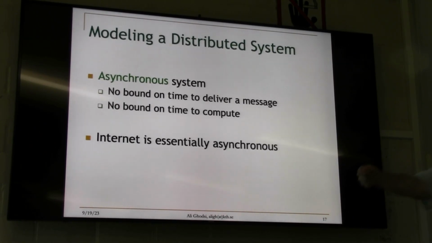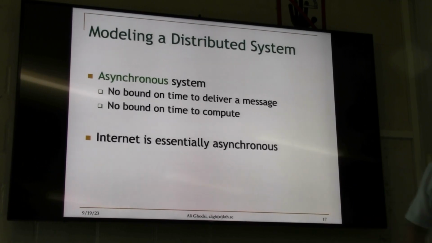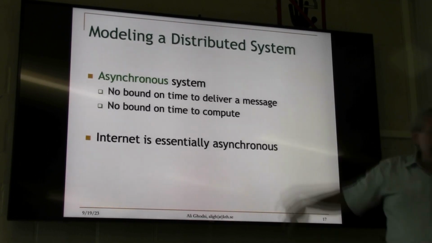If the network is very slow, it will be slow. If the router makes it go through a fast network, it will be fast. So maybe a message that takes 1 microsecond today will take 100 milliseconds tomorrow. So there are no bounds, even if it's reliable. In a first approximation, the internet was actually designed like this. The original TCP design, and even today's version of it, is asynchronous. It's best effort.